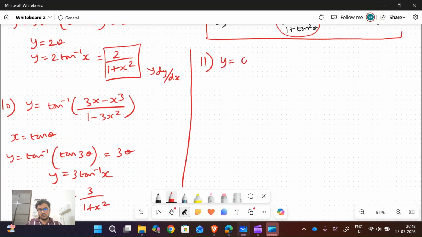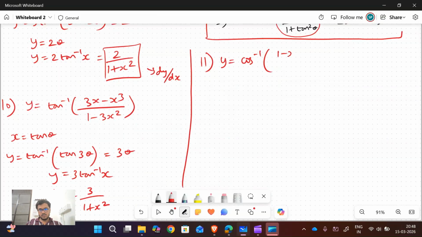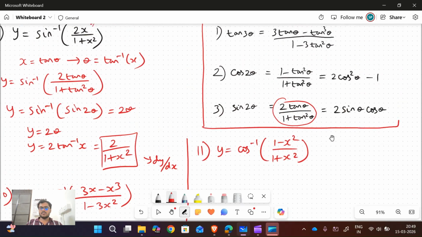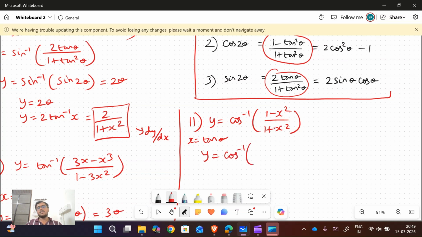Y equal to cos inverse of 1 minus x square by 1 plus x square. Just see the formula here. Can you see this? Again, put x equal to tan theta. Can you proceed this? Cos inverse of, little bit catch here.